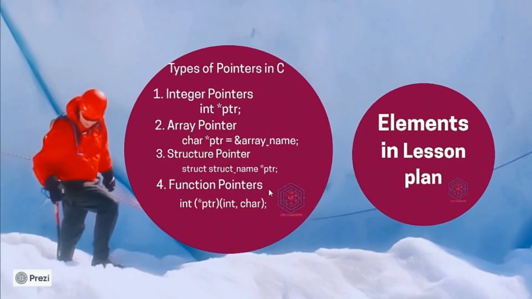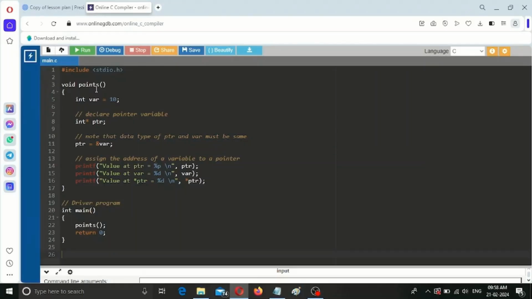Let us see a simple program to understand this. This is an example program for pointers. Here we have included header files, and we are using a function void points, and inside that we declare a variable var equal to 10, and we also declare the pointer variable.